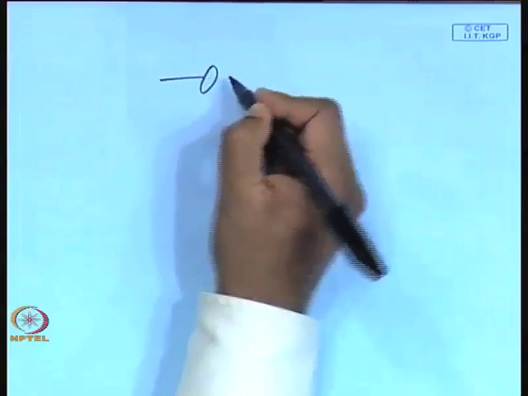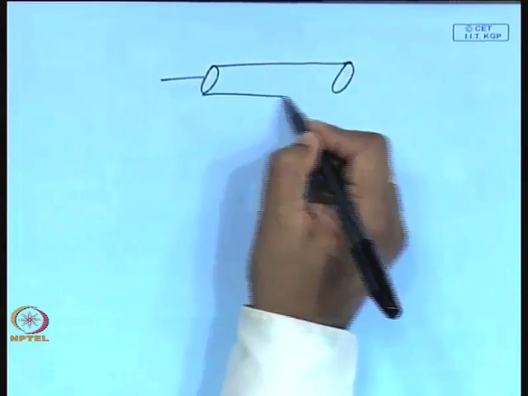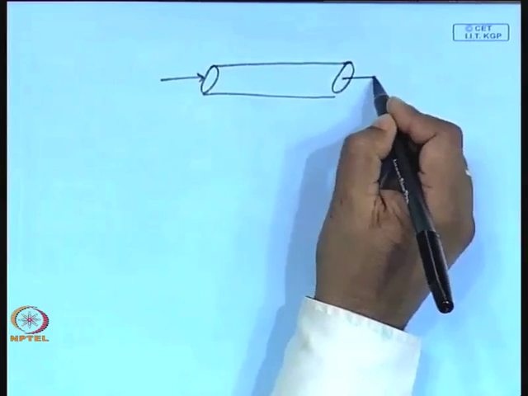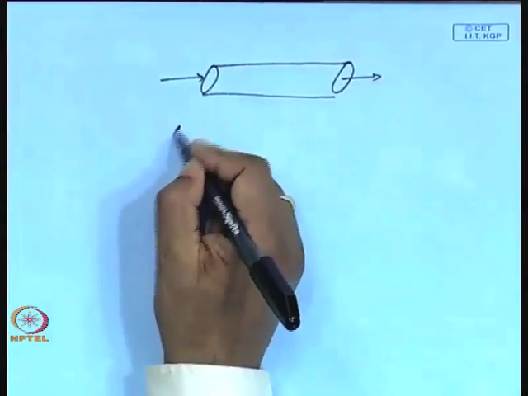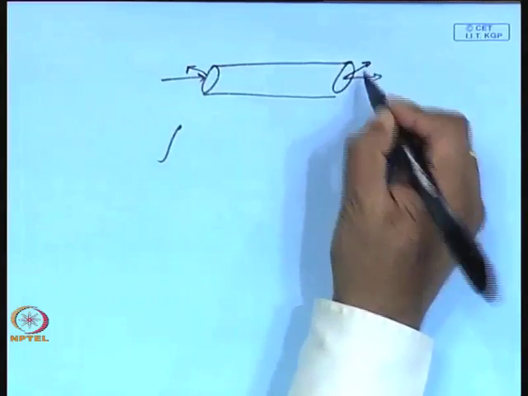This side the flow is entering, and this side it is leaving, so the outer normal is drawn in both cases.